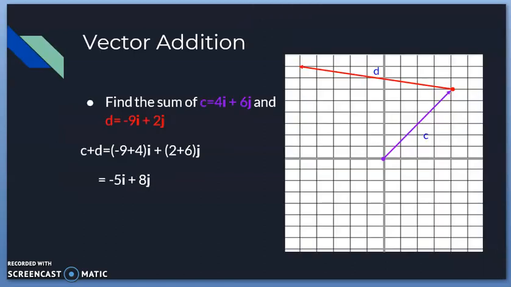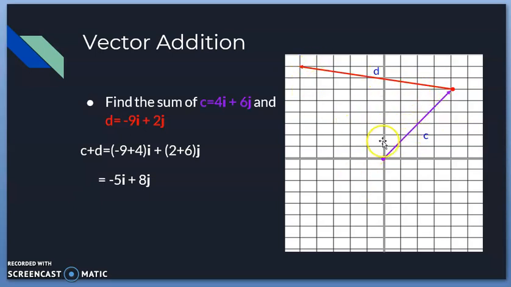Let's begin with vector addition. We're going to find the sum of vector c and d. Vector c is equal to 4i plus 6j, and d is equal to negative 9i plus 2j. So as you can see, c is this purple vector, and d is this red vector.